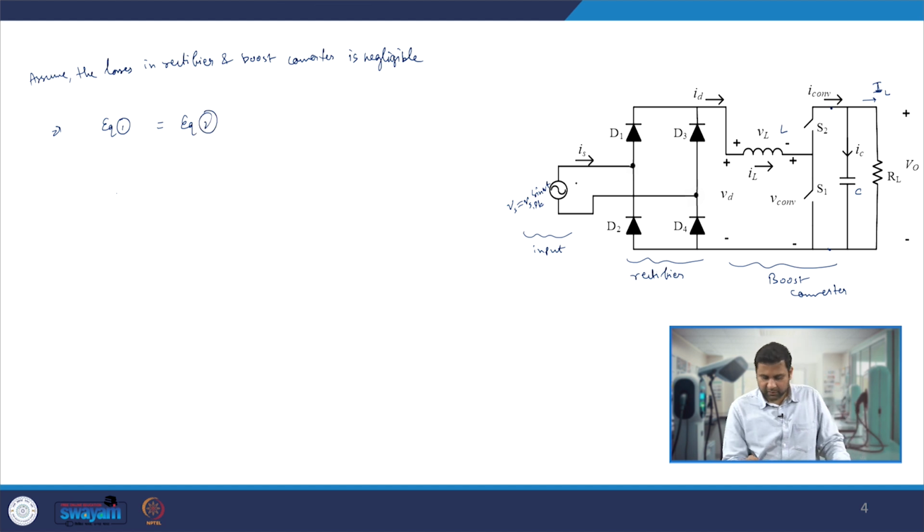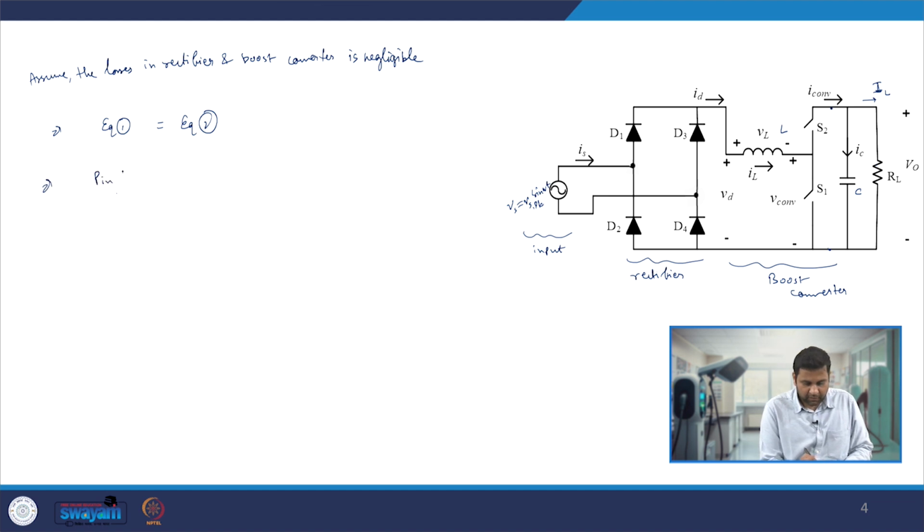That means the power drawn from the source is nothing but the power going into the parallel branch of C and RL. So we can write that P in of t is nothing but PD of t. This is sometimes also called doing the power balance.